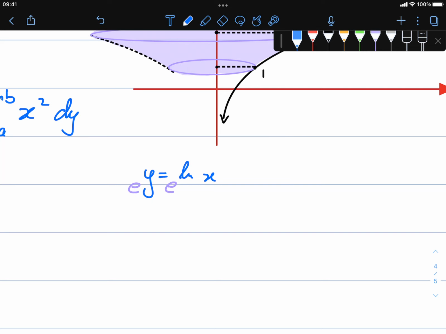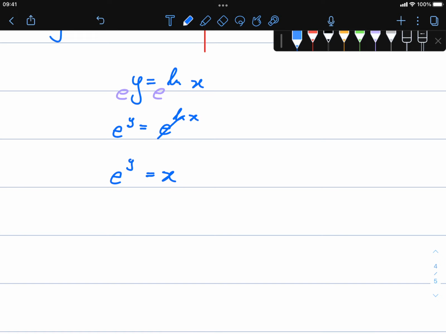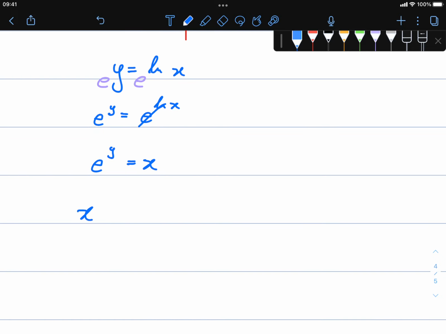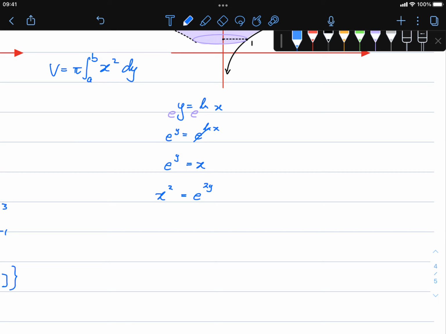So we get e to the power of y equals e to the power of ln x. These two cancel, leaving us with e to the power of y equals x. But we actually need x squared. So x squared is actually e to the power of 2y. And so that is the integral that we need to work with.